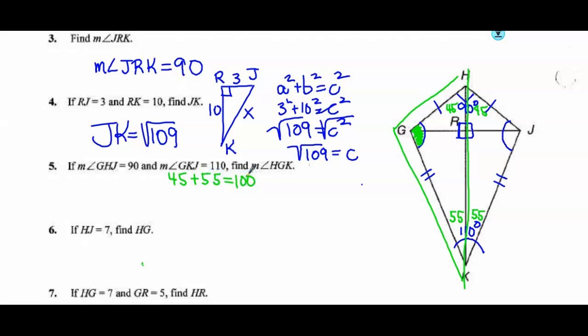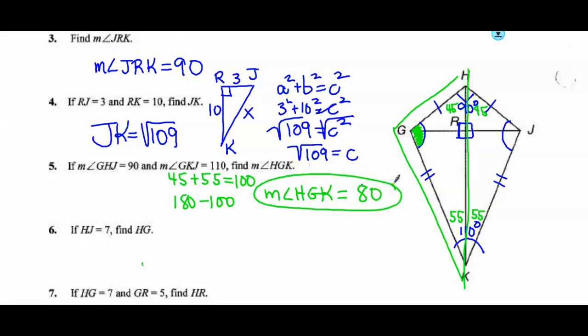And that's a triangle, so 180 minus 100 would be the measure of HGK, which would be 80 degrees. Number 6 says if HJ is 7, so I'll grab pink. HG is 7, find HG. HJ was 7, find HG. That also has to be 7.